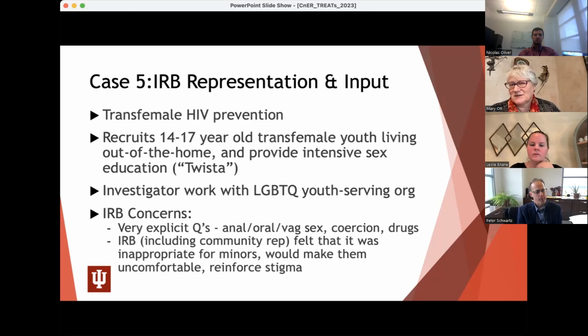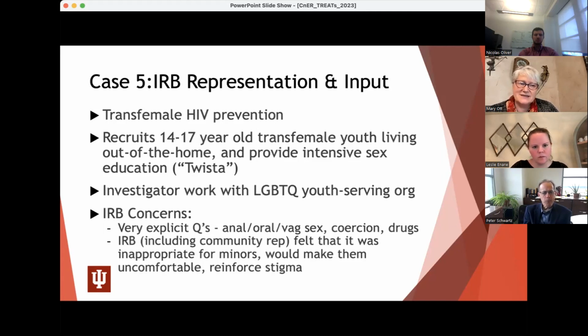They were going to recruit 14 to 17-year-old trans females living out of home situations and provide intensive sex education. They were working closely with an LGBT youth serving organization and health center.